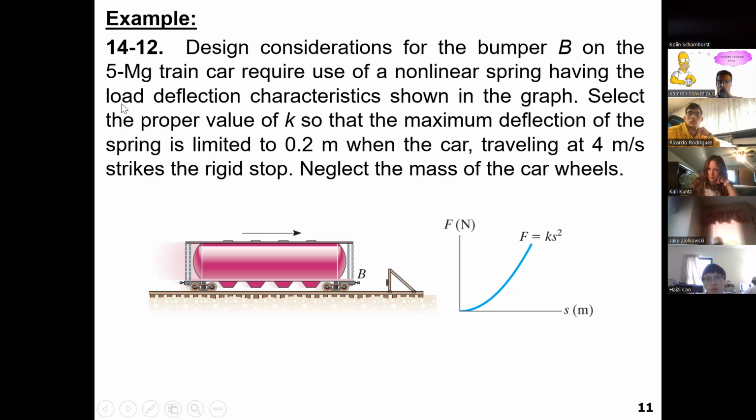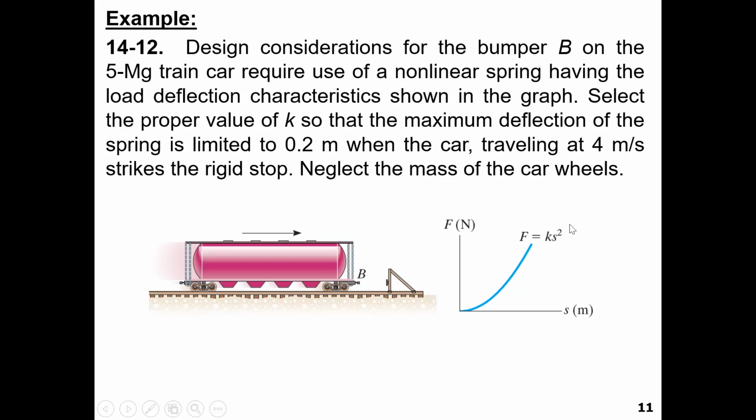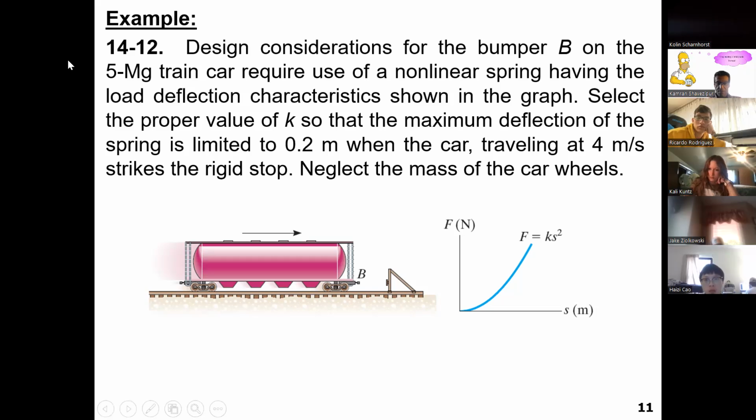No. Why? Because when you say no, that means the work done by that spring depends on the path of motion, does it? Because when we integrated this, we still got k s cubed divided by 3 from 1 to 2, right? It is a nonlinear spring, but it's still a conservative force because it doesn't matter how you get from beginning to the end.